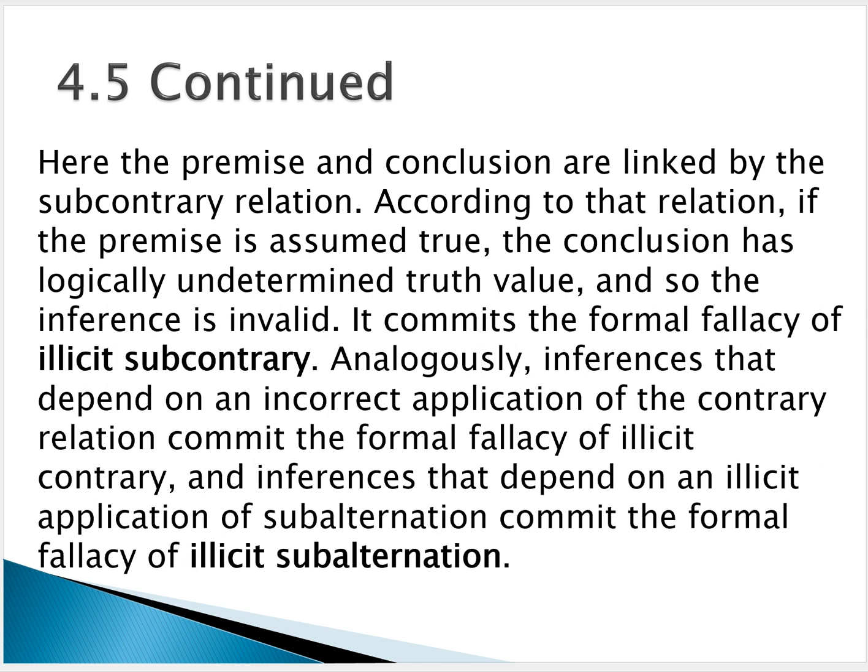Inferences that depend on incorrect application of the contrary relation commit what's called a formal fallacy of illicit contrary. And inferences that depend on illicit applications of subalternation commit a formal fallacy as well. So the fallacies are just named after the thing that they're not following. So again, if you know the square, you'll know what fallacy they are committing.